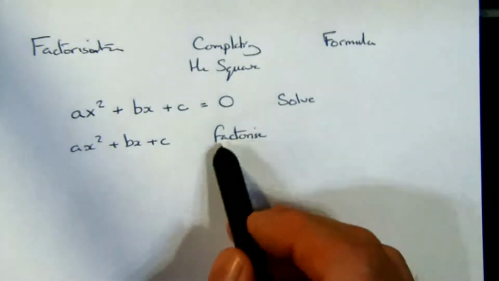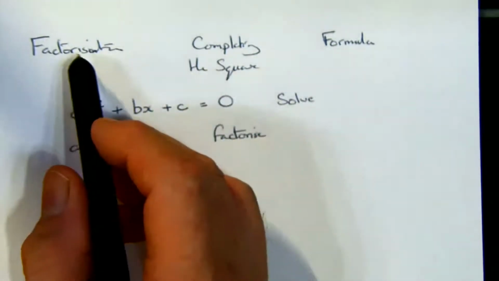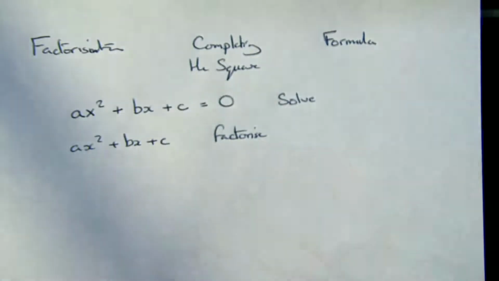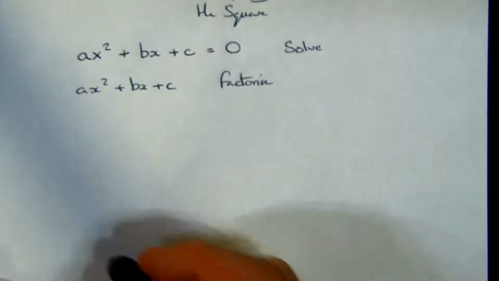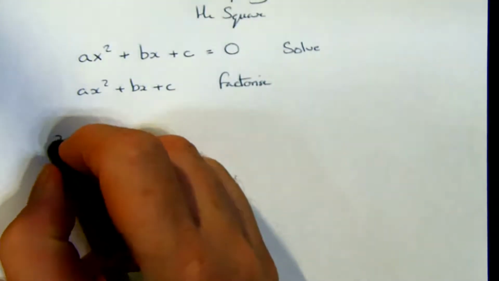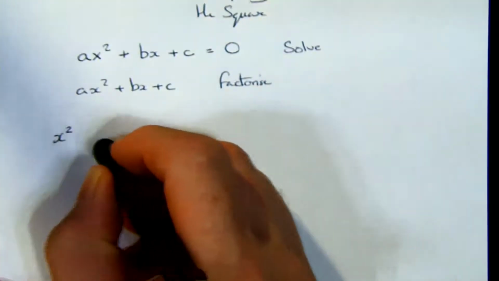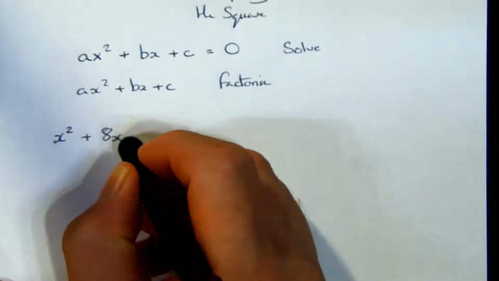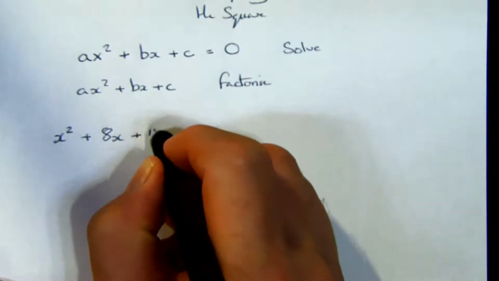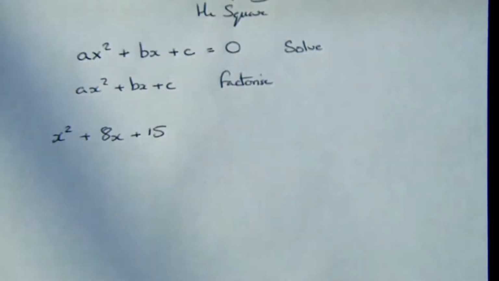So sometimes they will give you hints about how to do something. Let's look at one of these and see how we go about it. So I've got x squared plus 8x plus 15. Now there's no equals 0, so that suggests to me that I just need to factorize this.